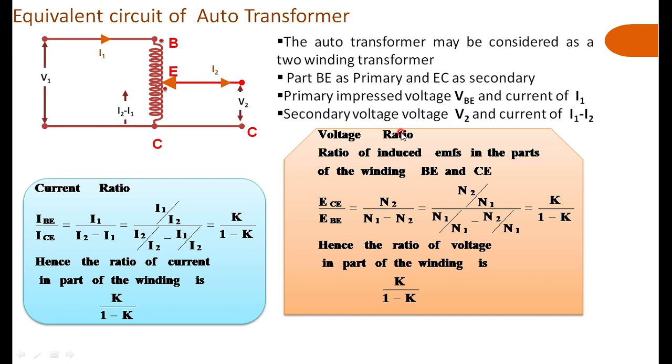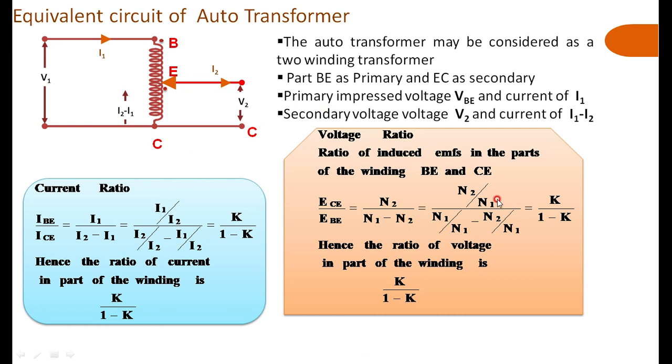Similarly, if you are taking the voltage ratio, it is the secondary voltage to the primary voltage. That is nothing but the voltage between EC to B, which is proportional to the number of turns. Therefore, the voltage in EC is proportional to N2, and the voltage in B is proportional to N1 minus N2.